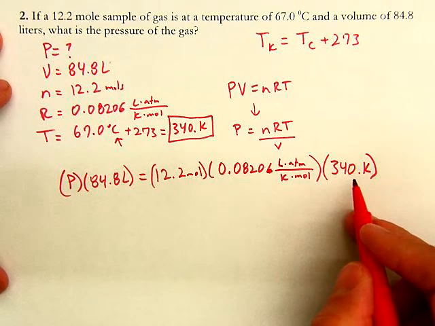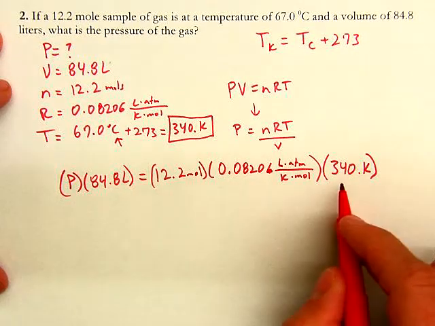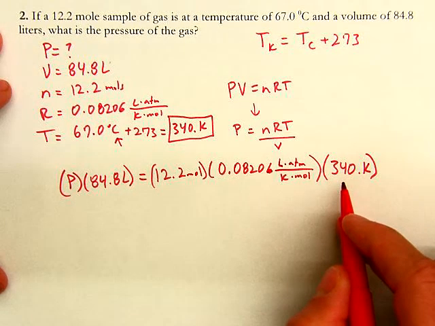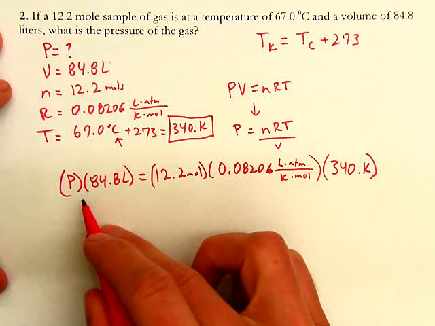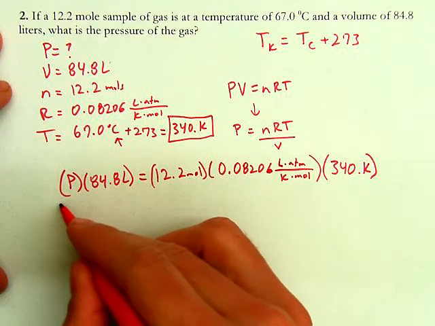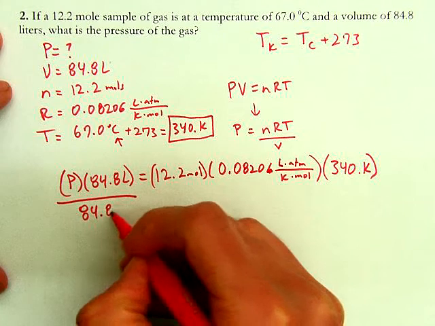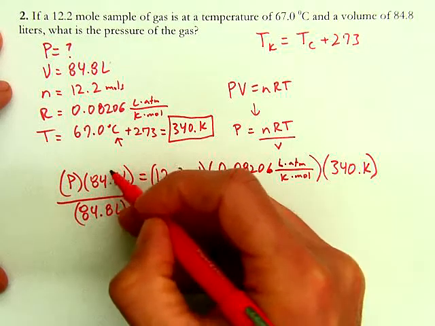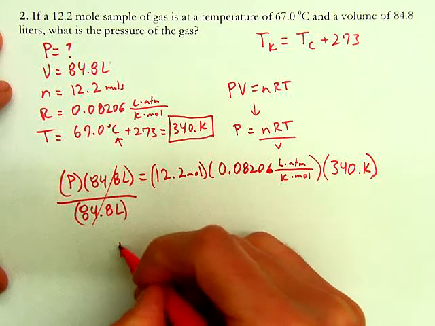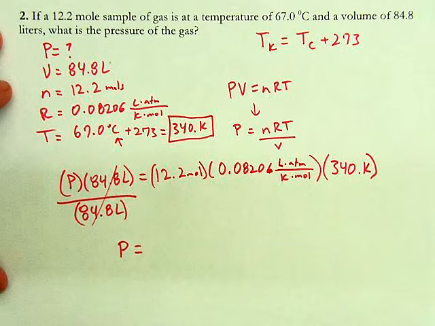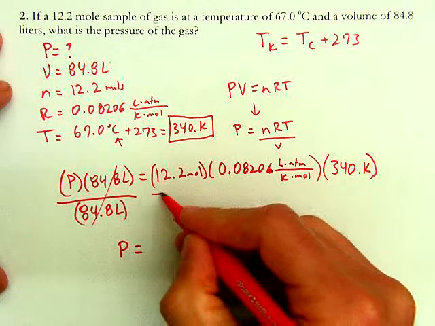So now, in this case, we have everything on the right side. In the last two problems, we've been solving for something on the right side, but in this case, we have to solve for this thing over here. So to solve for P, to get P all by itself, we're going to divide by 84.8 liters, and that will cancel, leaving you with just P on the left side. And whatever we do to one side, we're going to do to the other.